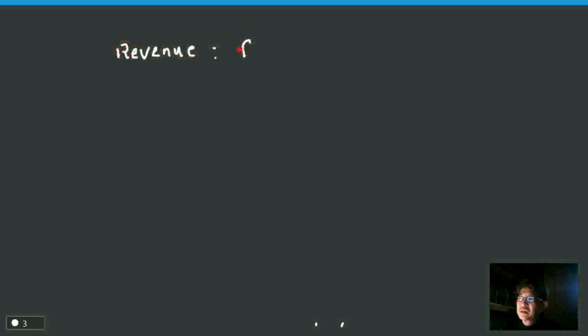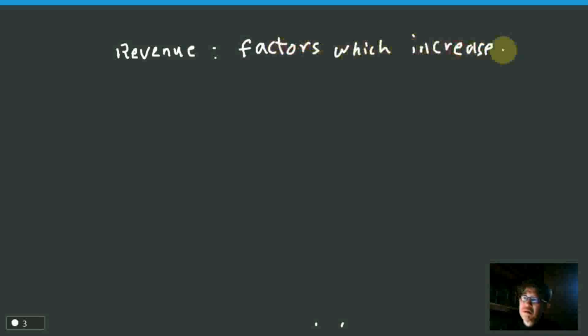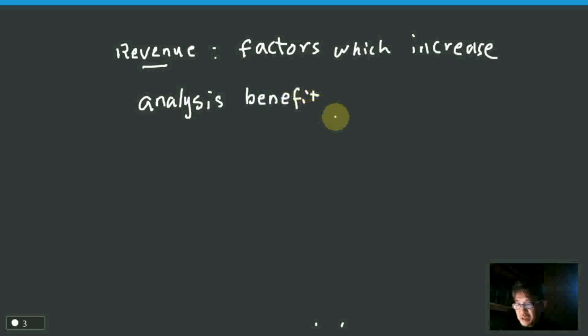So the factors which increase revenue. For this, we have to do the analysis of benefit during the license period, right?